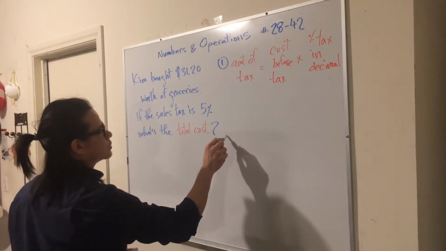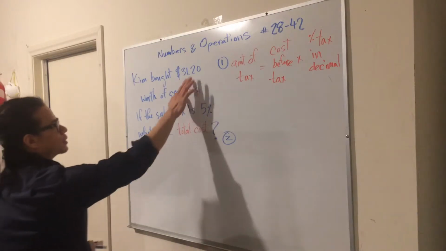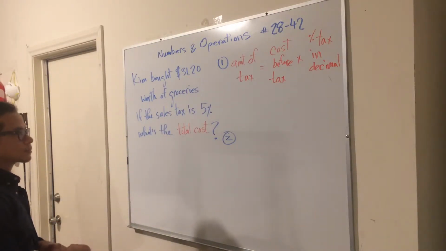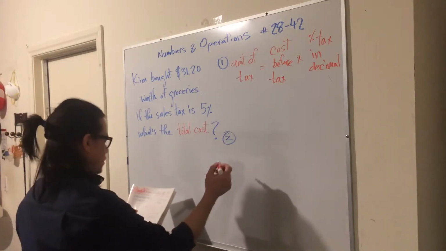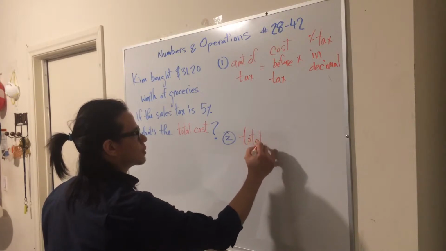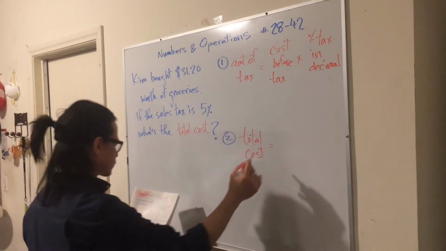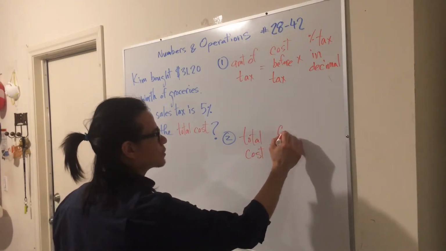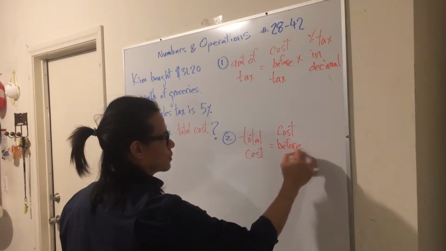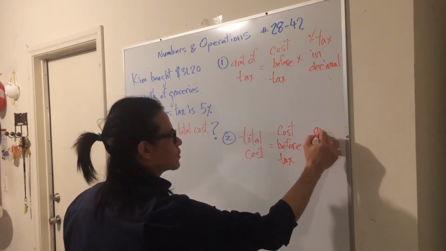After that, we need to add the tax to the price of her groceries. So we're going to say that the total cost would then equal cost before tax plus the amount of tax.